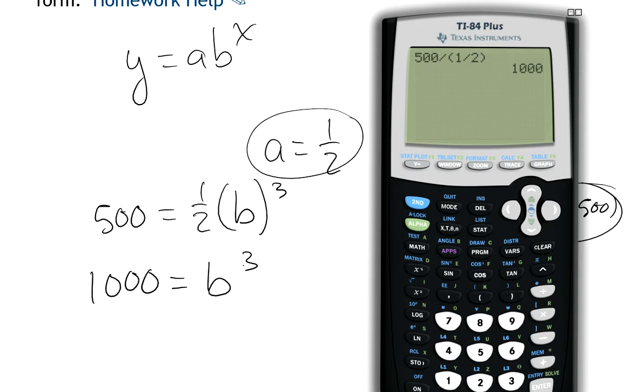So in order to figure out what b is, I need to take the 3rd root, right? If I take the 3rd root of both sides, I'm looking at the cube root of 1,000, that will tell me what b is, and then I could test it and make sure it works properly. Well, we have a way to do that with these calculators. If you have any scientific calculator, look it up in your manual, you'll figure out how to take different roots.